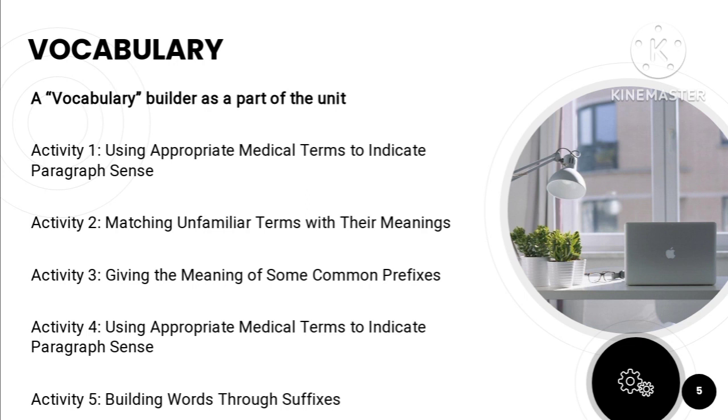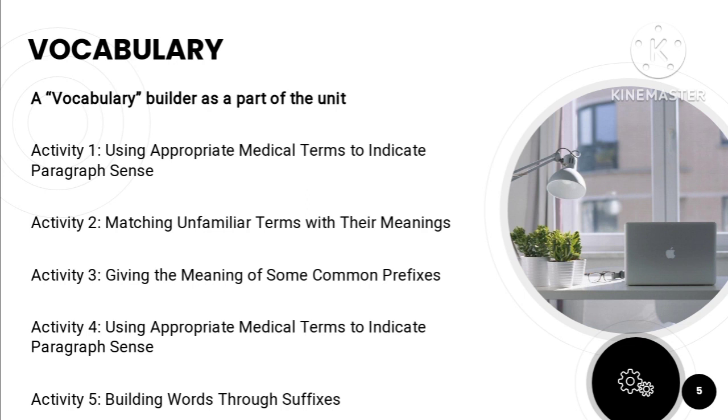As we can observe through the given activities, in our 5 activities, though they have different types or ways of administering the activity, they are still centered on giving meaning to something.